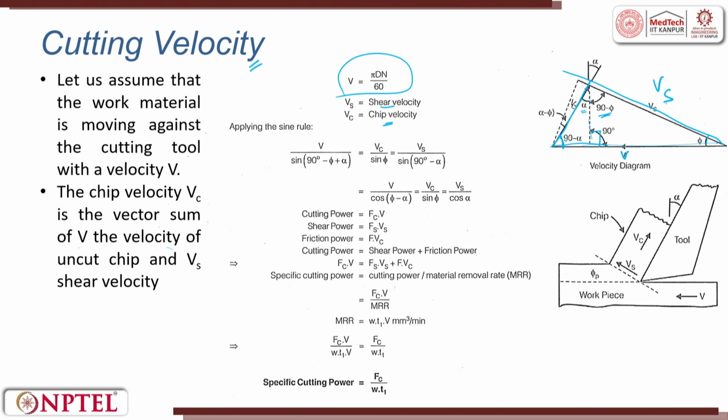Since this is 90 minus alpha and we draw a normal, that angle becomes phi minus alpha.